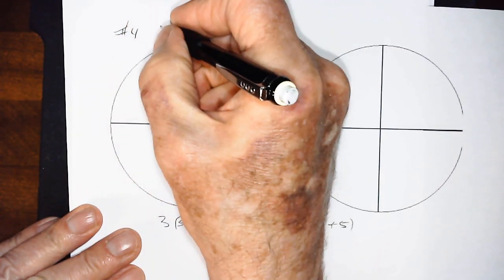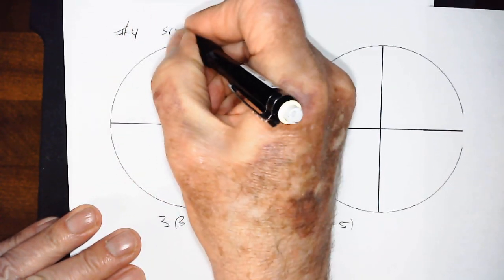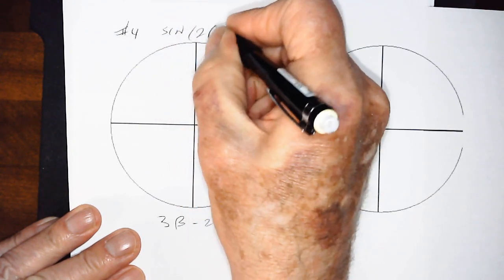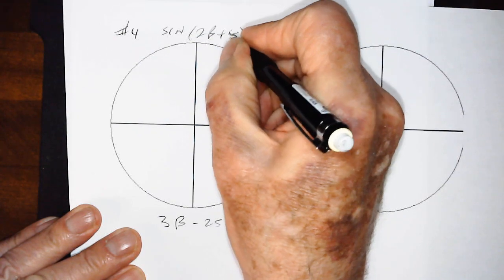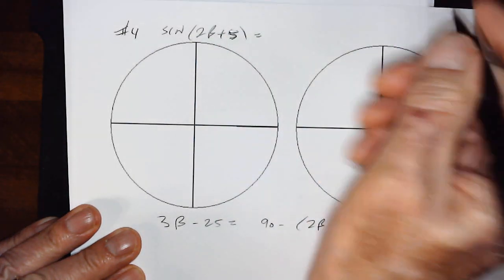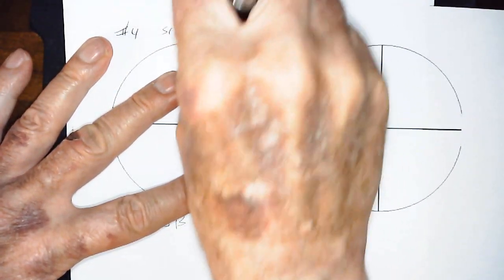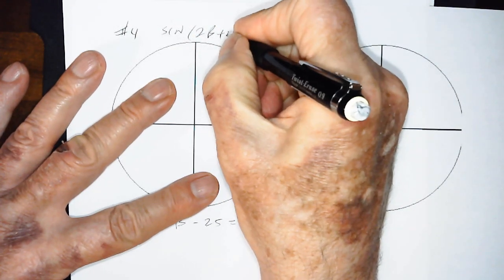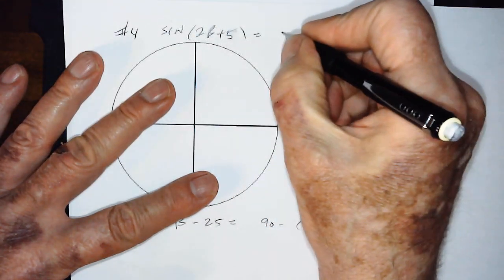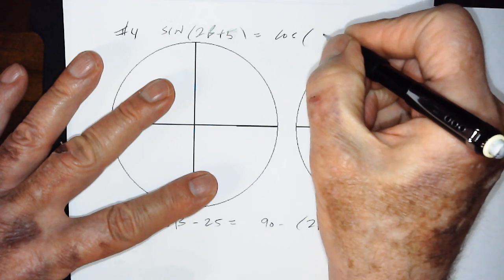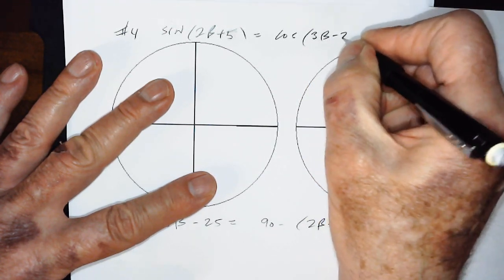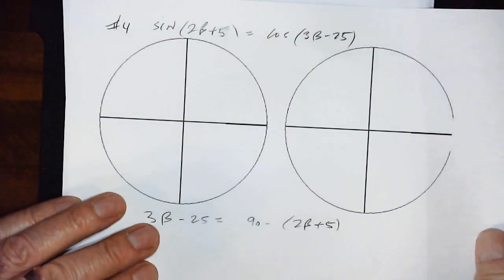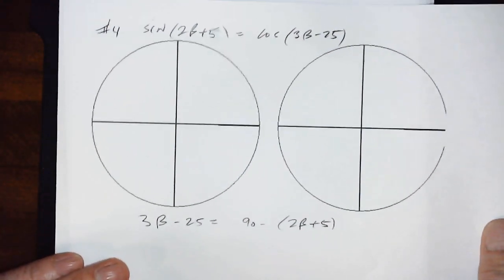Number 4 said the sine of 2 beta plus 5 is equal to the cosine of 3 beta minus 25. That was our original problem.